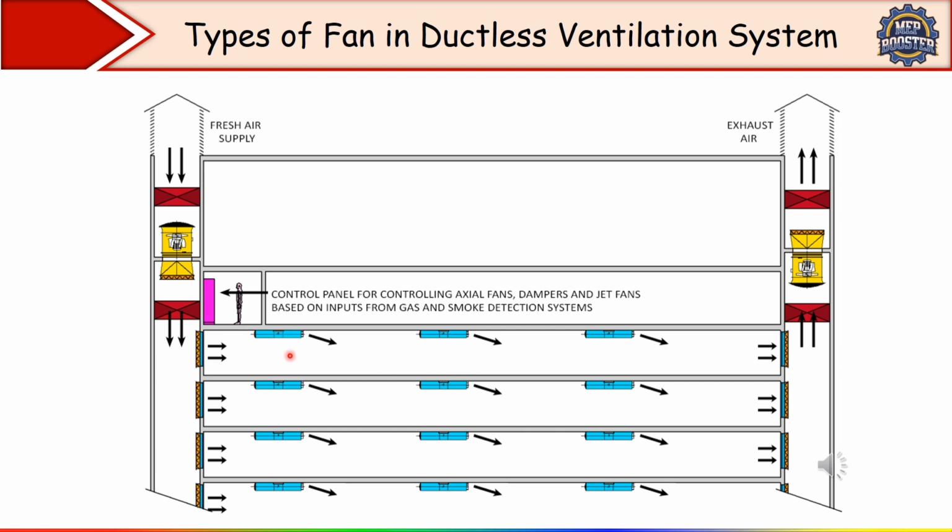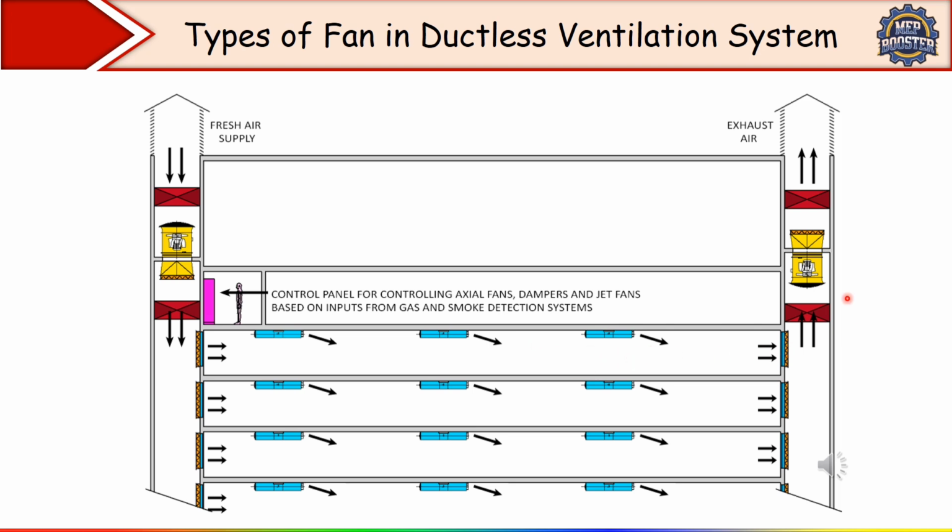So this jet vent axial fan starts, sucks that exhaust and supplies it to another jet vent fan. Suppose you are using a 50 Newton thrust fan, it can cover 400 or 500 square meter area. It will cover that area and discharge that air to another jet vent axial fan.